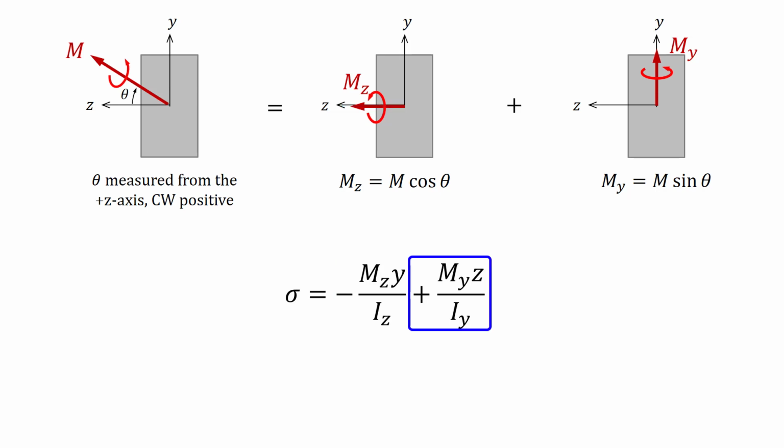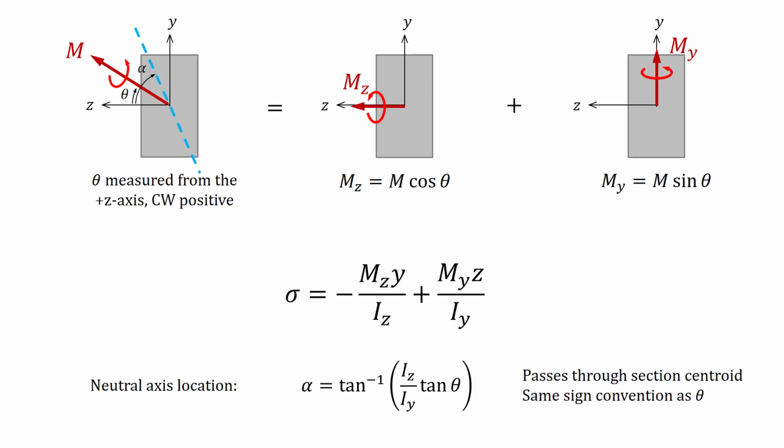For the second term, the y subscript identifies the direction of the moment and indicates the axis for the moment of inertia. The moment M_y can be found by multiplying the applied moment by the sine of theta. The y and z variables are the coordinates of the point you are calculating stress based on the cross-section coordinate system shown. Care should be given to ensure that correct signs are used on both moments and the y and z variables.